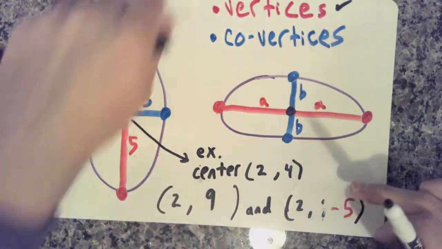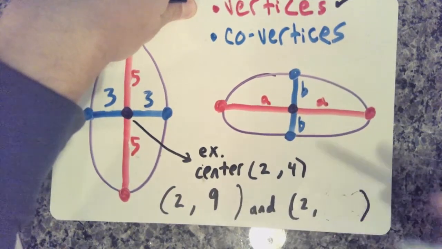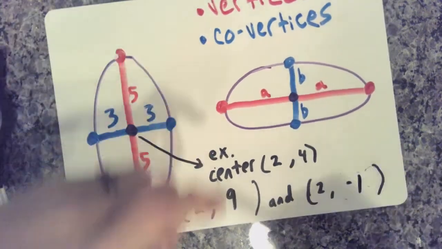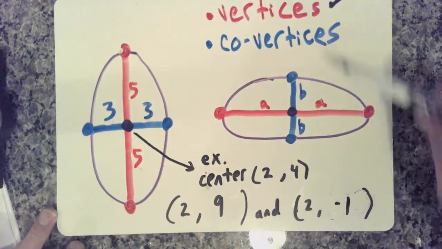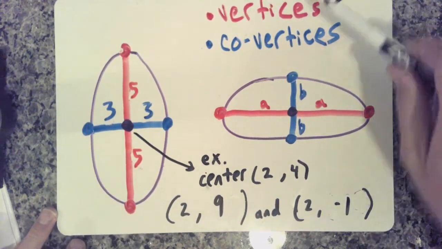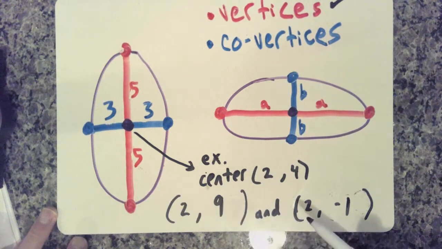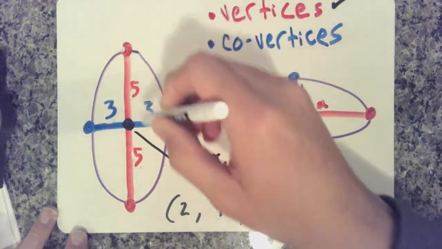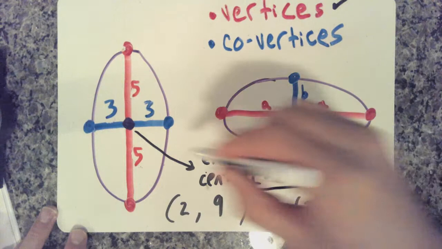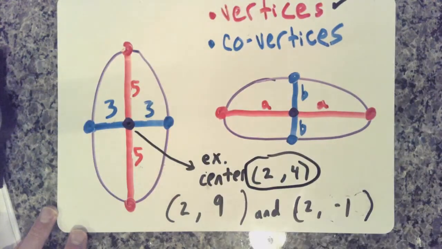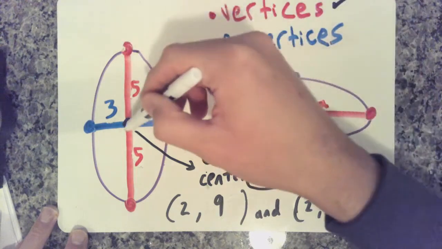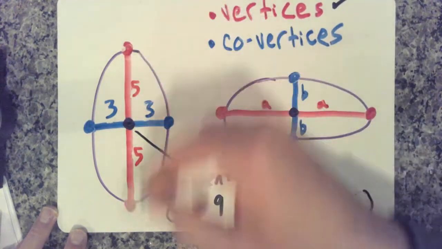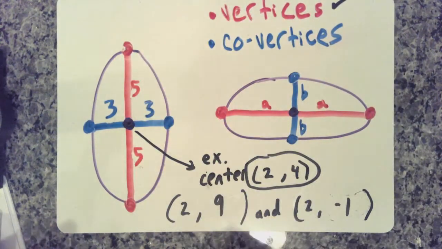We'll put -1 here. Those are the vertices, so we're good on those. It would be 2, 9 and 2, -1. That would be as if the center is at the coordinate 2, 4, and then we would be adding to get the vertex here, and then subtracting in the Y direction to get the second vertex over here.